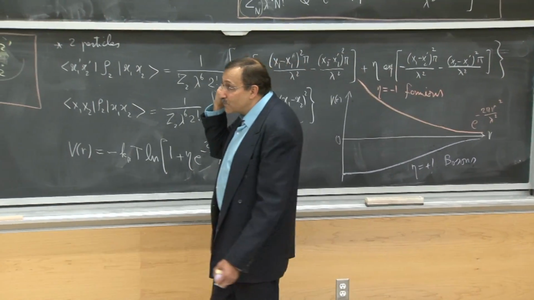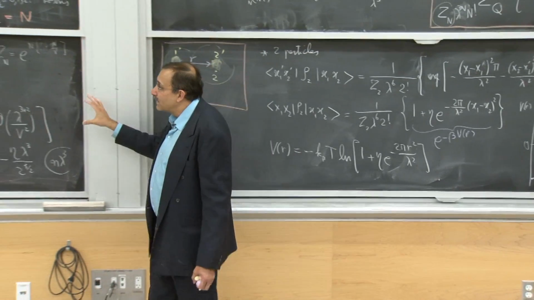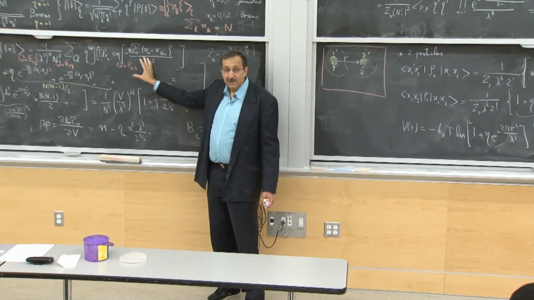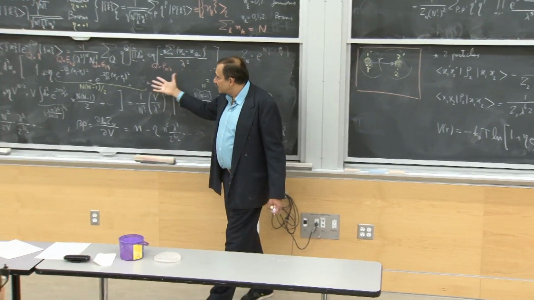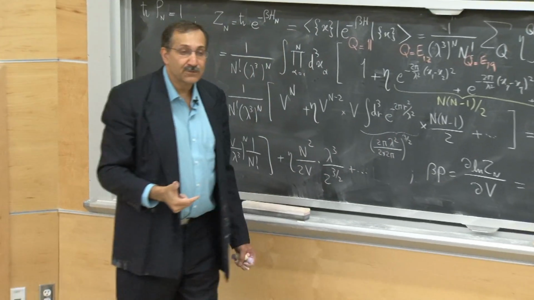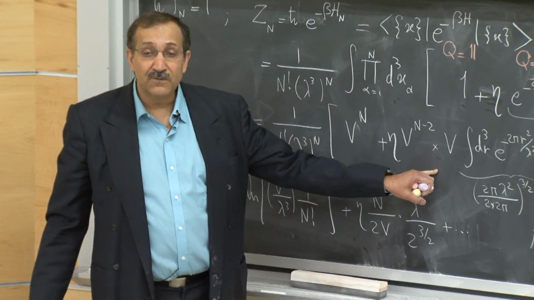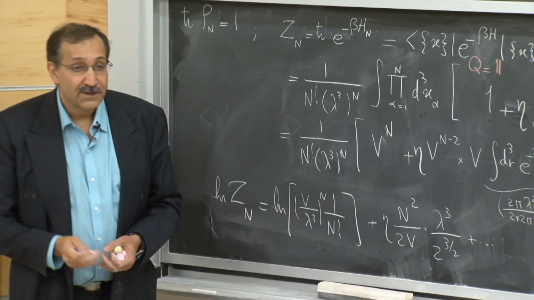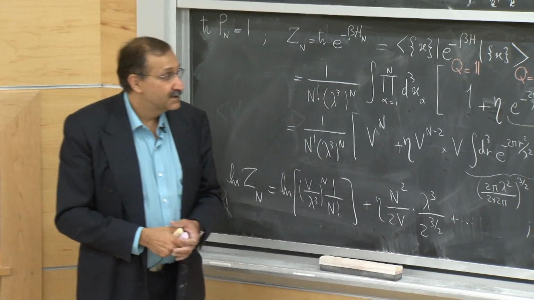So really, if you want to look at this from the perspective of a partition function, we already see that the exchange term involved having to do a calculation that is equivalent to calculating the second virial coefficient for an interacting system.